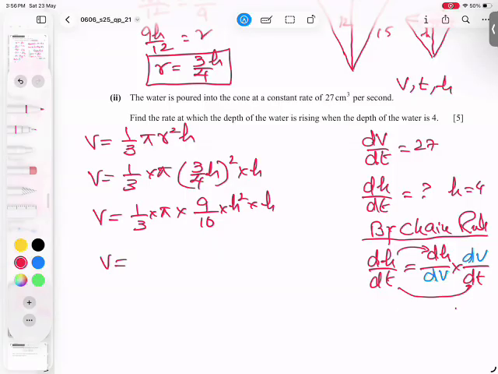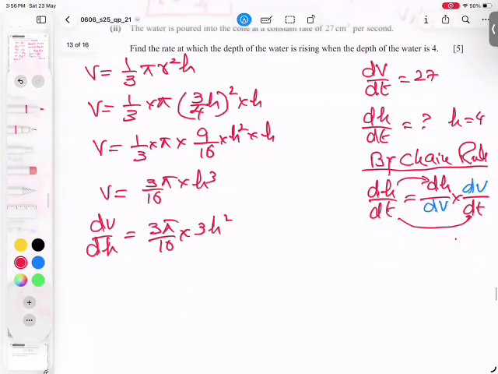So I'm getting 3 over 16 pi into h cubed. Now I'm differentiating with respect to the height, very clear. So dV over dh is 3 over 16 pi as it is, into 3 comes down and power 1 less. So 4 comes from here. And 3 threes are 9. So 9 pi by 16 into the square of 4.